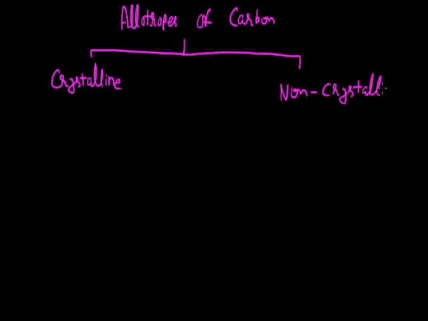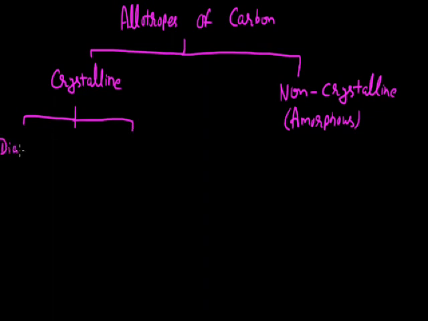If the carbon atoms show a regular arrangement in the crystal, then these allotropes are known as crystalline allotropes, while the allotropes in which the carbon atoms show an irregular arrangement are known as non-crystalline or amorphous allotropes of carbon.